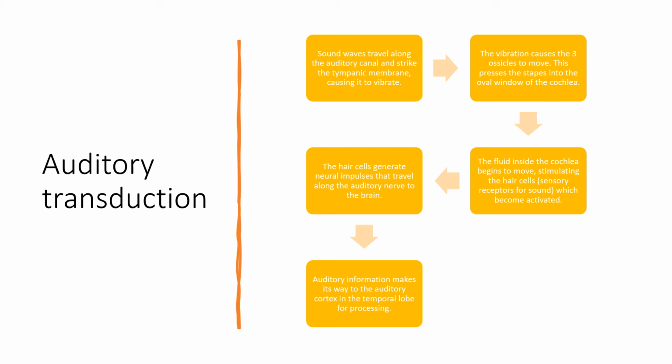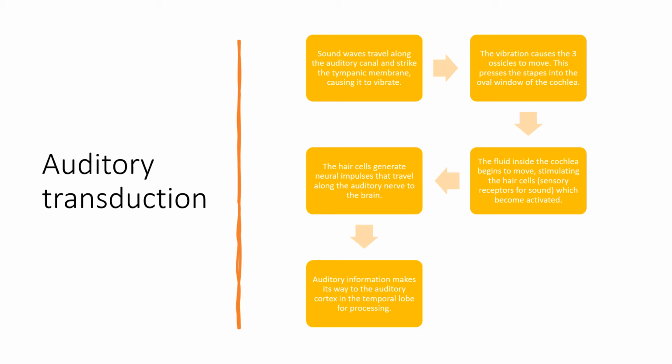Hair cells are sensory receptors for sound, which become activated. And then the hair cells generate neural impulses that travel along the auditory nerve to the brain. And then auditory information ends up making its way to the auditory cortex in the temporal lobe for processing.